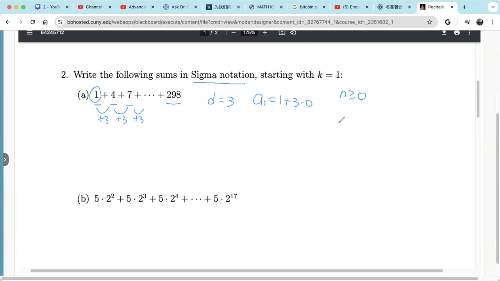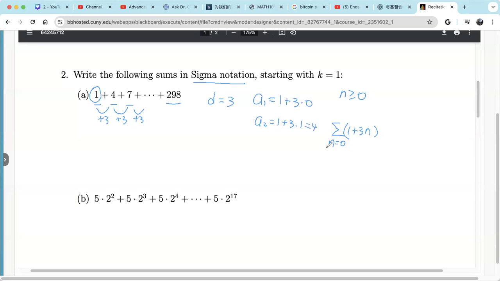Then inside we can write the first term plus 3 times n. Let's check A2. A2 equals 1 plus 3 times 1, so that's 4.